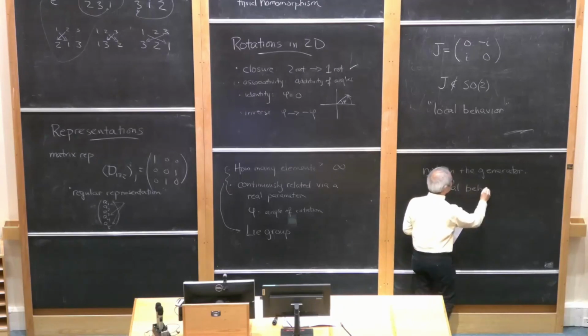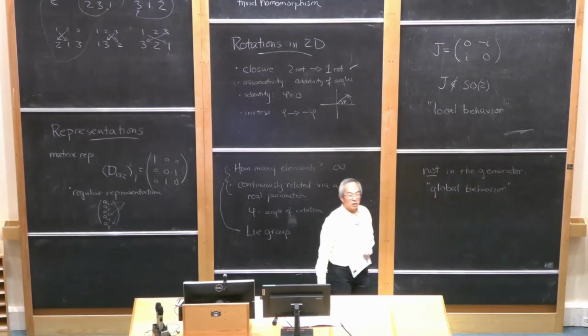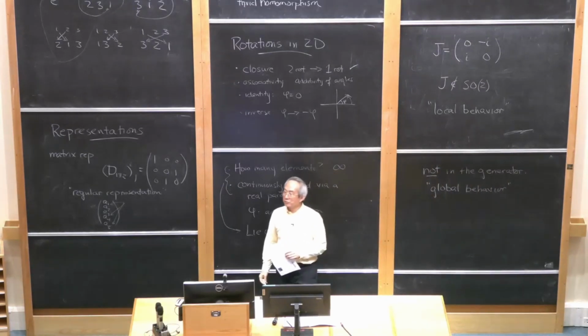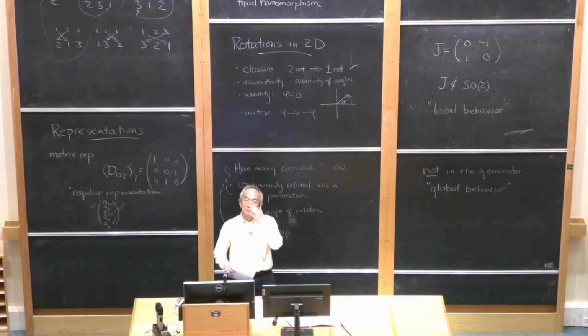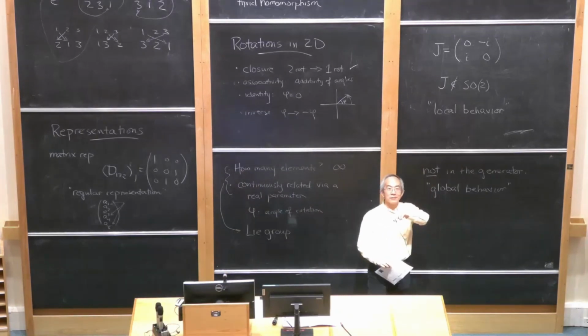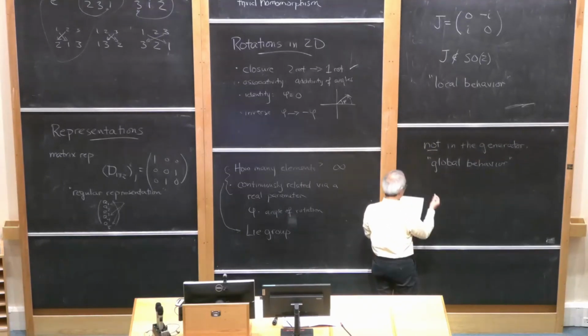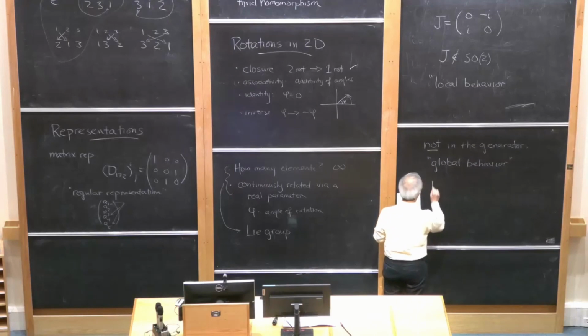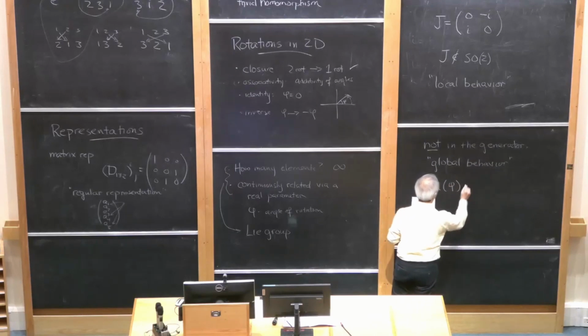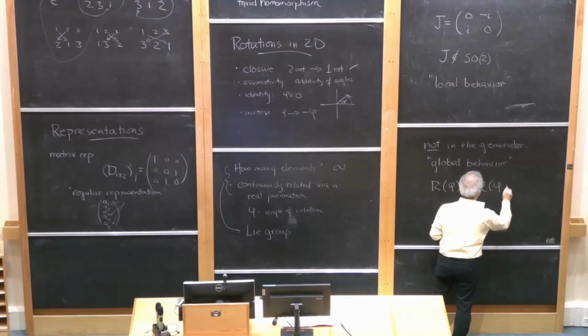So can you think of one little important bit of global behavior which you would not find in an infinitesimal rotation? Sorry? Periodicity. Yeah, something like that. In particular, that thing about phi plus 2 pi.